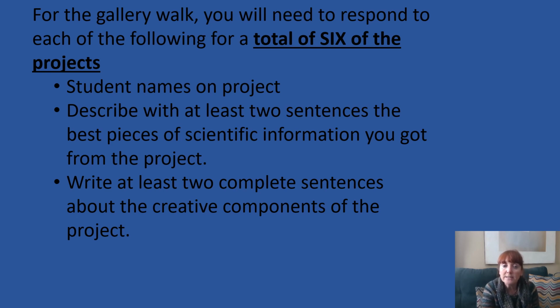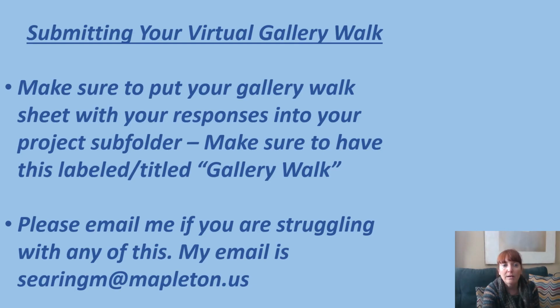And you need to write at least 2 sentences about the creative components of each of the projects. So you're doing this 6 times for any 6 of the projects. When you're submitting your virtual gallery walk, make sure you put your gallery walk sheet with your responses into the folder. Make sure you have this labeled gallery walk with your name.